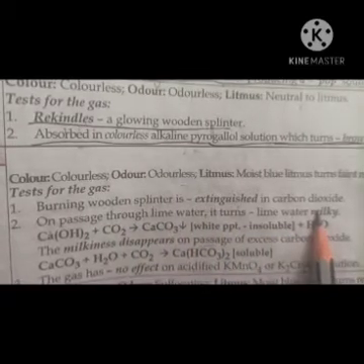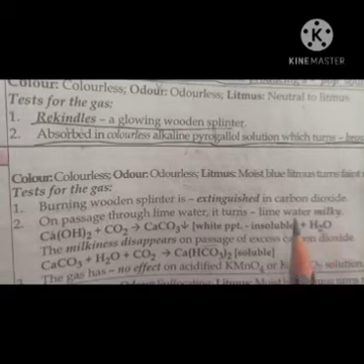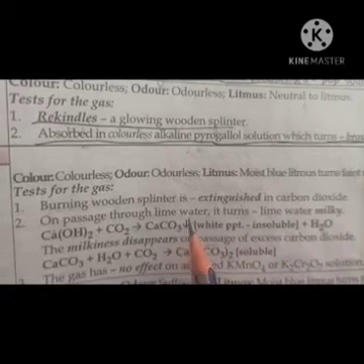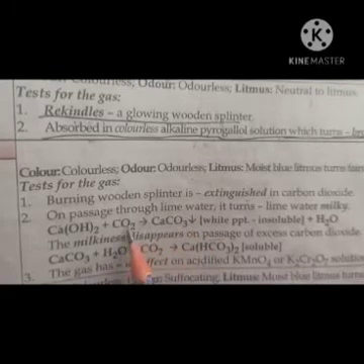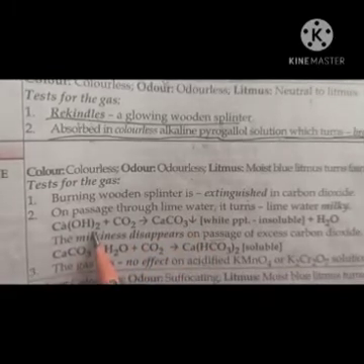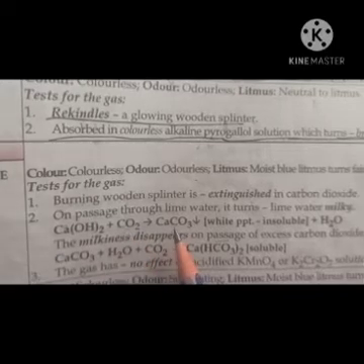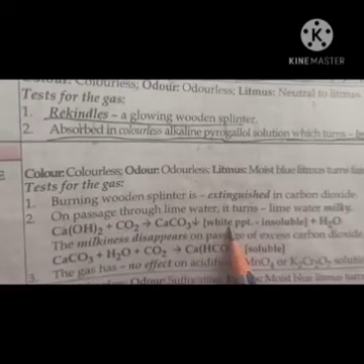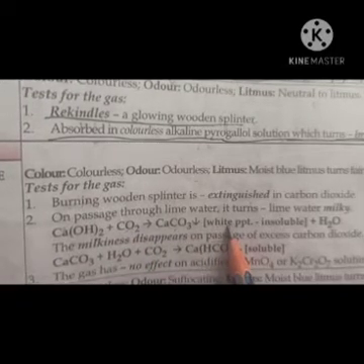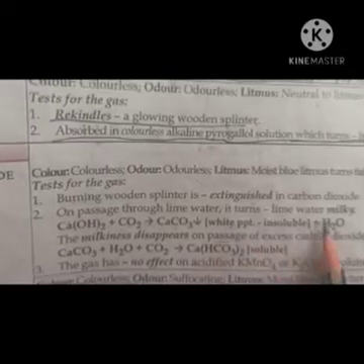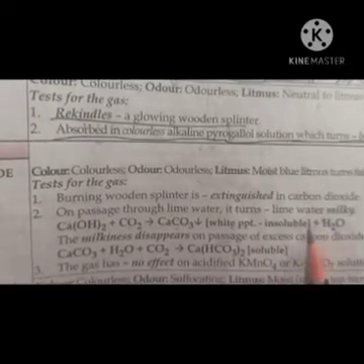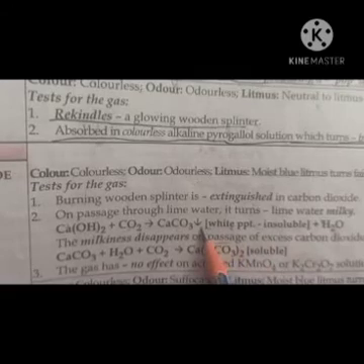Means lime water turns milky when carbon dioxide comes in contact with it, because lime water is calcium hydroxide, and when it reacts with carbon dioxide, it forms calcium carbonate, a white precipitate, right? And water is formed. That is why it turns milky.